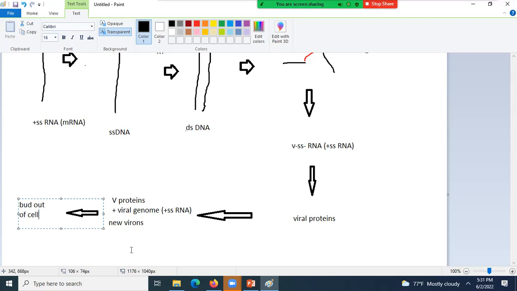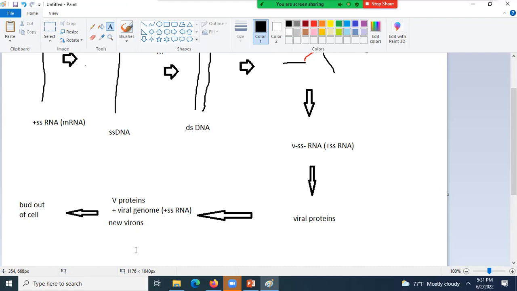And it depends on the species. Some budding viruses, as you remember, bud out of the cell membrane. That's probably most of them. But some bud out of the nuclear membrane, and some bud out of the membrane of the ER, the endoplasmic reticulum. Any question about the life cycle of a retrovirus?